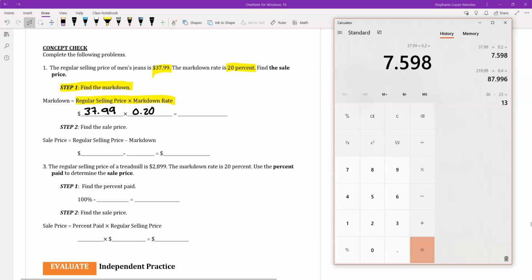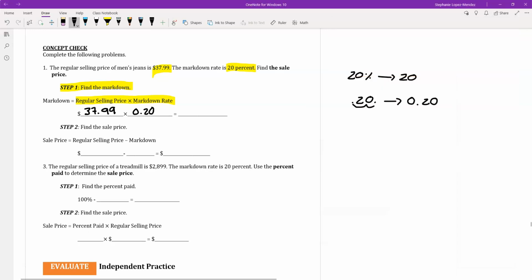That means that 5, since it has a 9 next to it, and 9 is greater than 5, we can go ahead and round up that number, so we can work with 7.6.